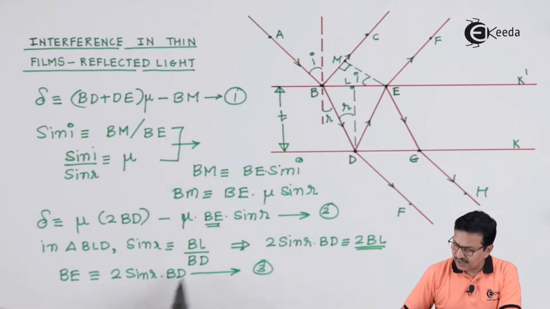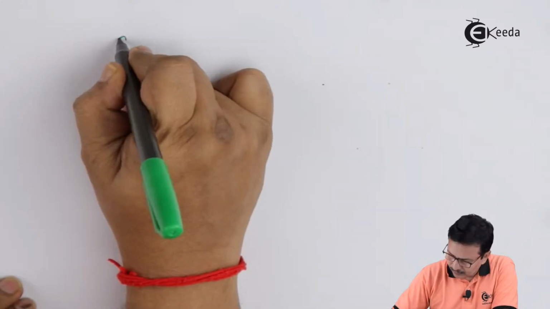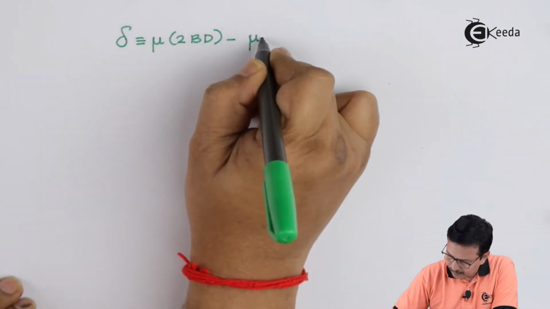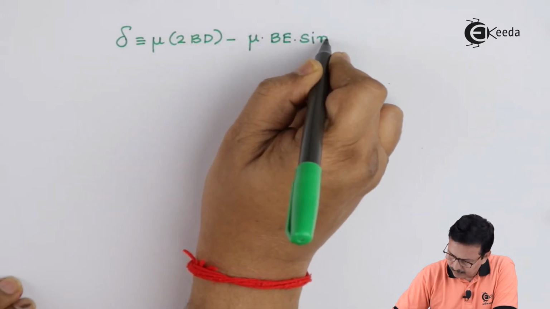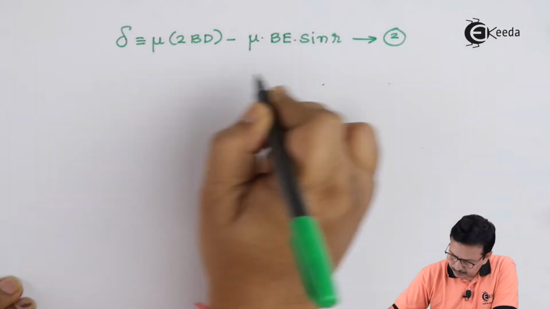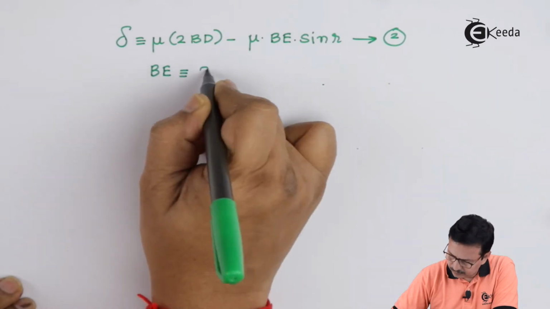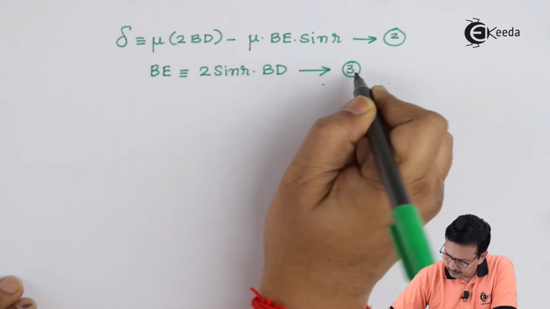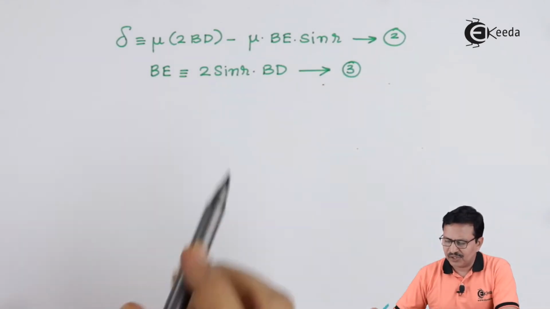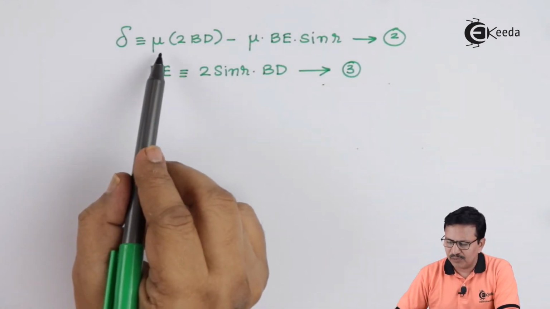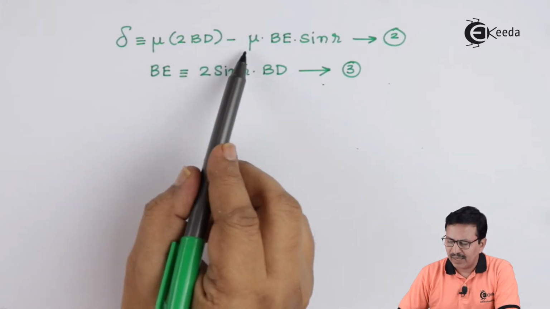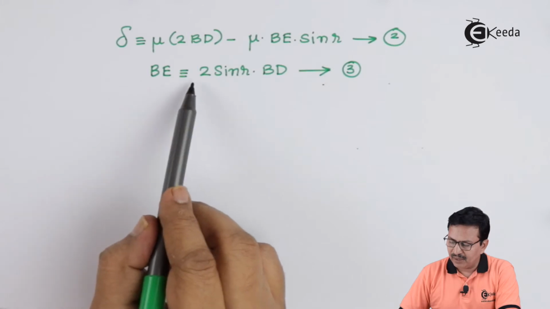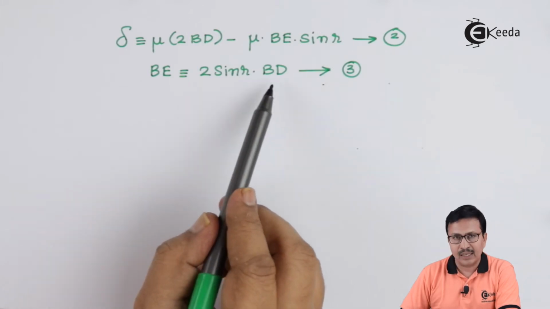Now I substitute this expression over here. So we have derived two important expressions. First of all, delta is equal to mu into 2 into BD minus mu into BE into sine r, and BE is equal to 2 into sine r into BD.